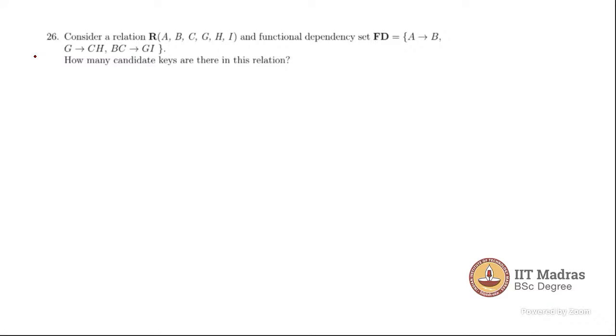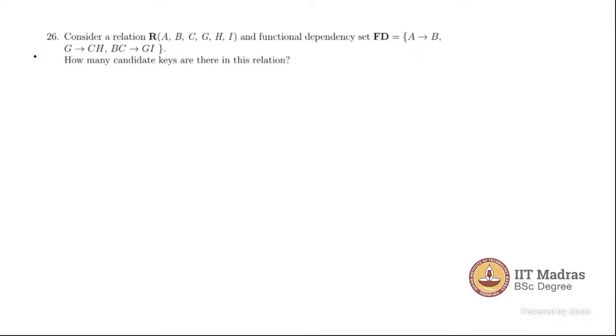In one of the slides he mentioned that while we compute the closure, it is actually sound and complete. So what do we mean by the term sound and complete? When you find the closure, you are finding it from the given functional dependency set, right? So when you are actually finding the closure for that, it will be sound.